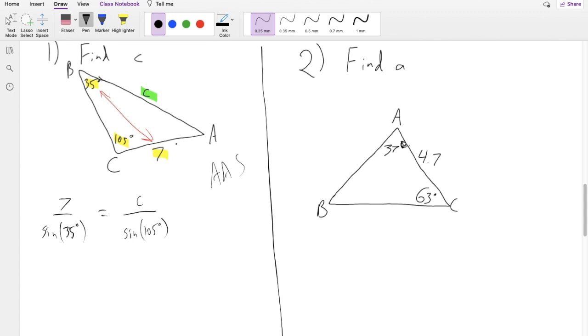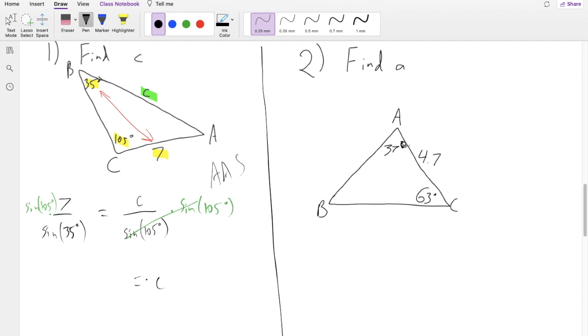I'm trying to solve for C. C is currently being divided by something, so to get rid of that division, I am going to multiply both sides by the sine of 105. On the right side, this would just cancel away, leaving me with C. And on the left side, that is something I am going to need to put into my calculator.